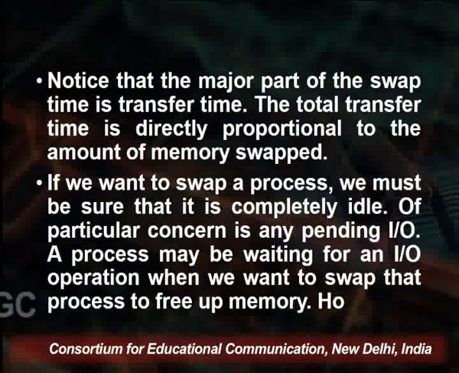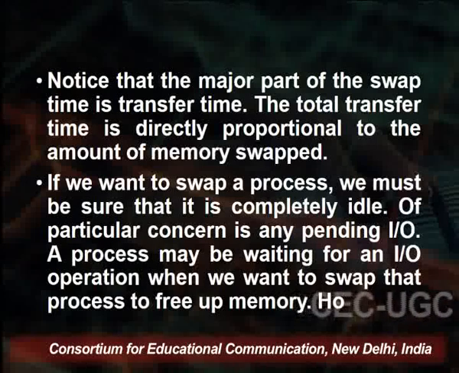Also, one important thing: if we want to swap a particular process, we also need to ensure that it is idle. That means it does not have any pending input output going on, or any input output operation waiting, when we want to swap that particular process.